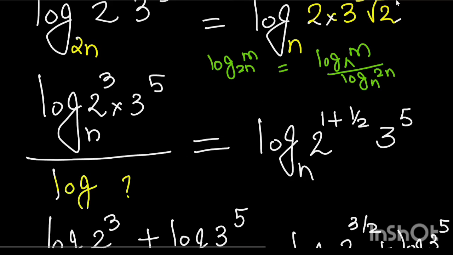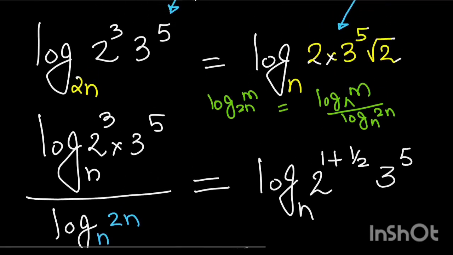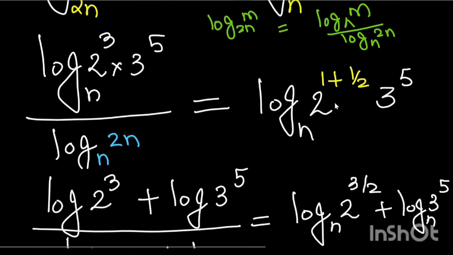Here it would be 2n base n, and here the power of 2 and 2 to the power half, they both are added, 1 plus 1 by 2, and they will give 2 to the power 3 by 2 in the next step. 3 to the power 5 was already there, and from here to here we will use log mn is equal to log m plus log n.